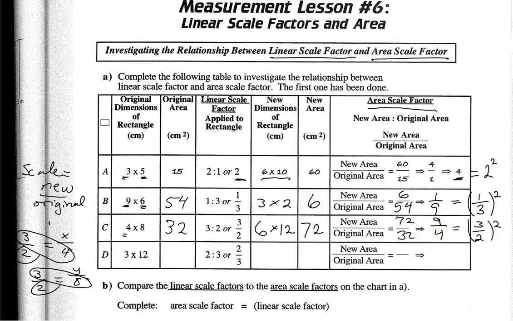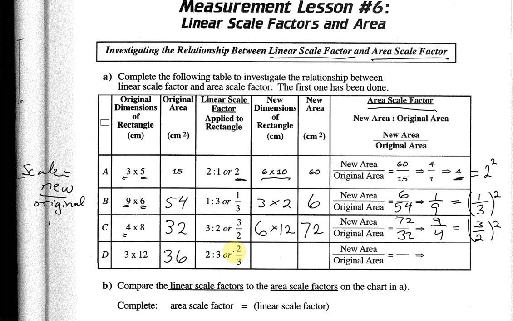Let's try our last rectangle. So you've got these dimensions, 3 by 12, to get an area of 36. The scale factor does not have either the numerator or the denominator as 1, so you might want to do proportions.